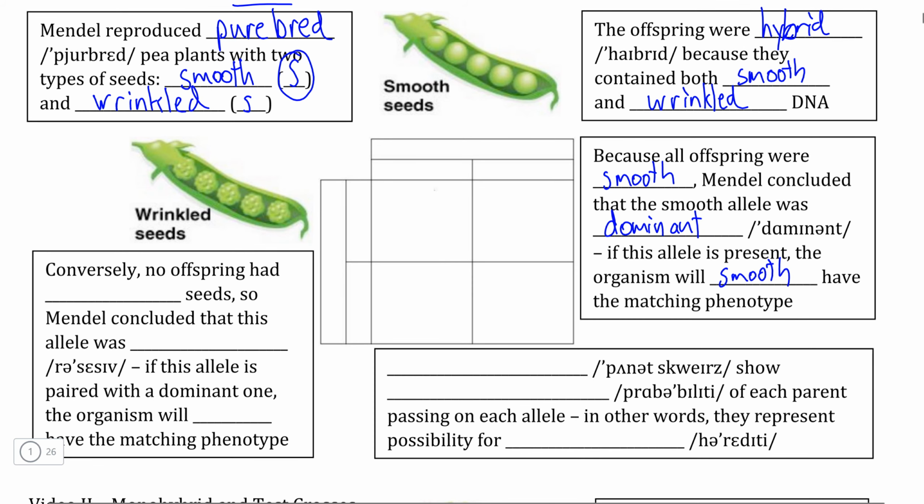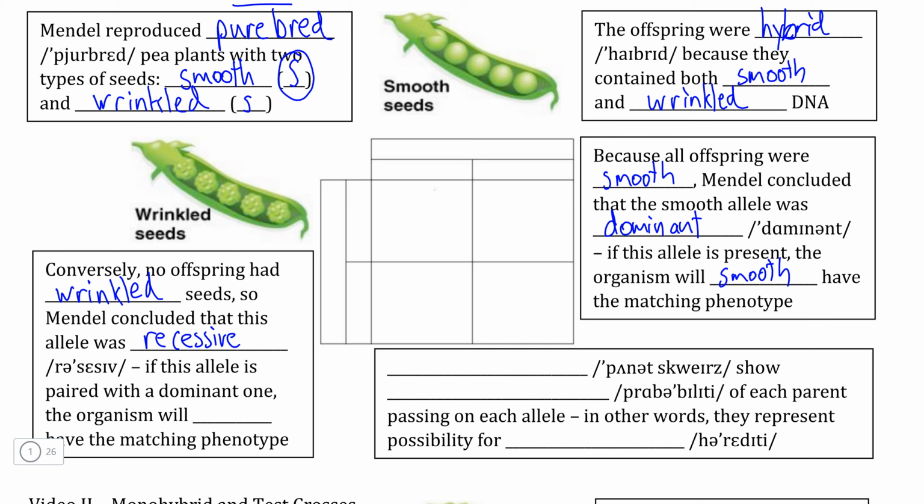Now, in this particular pairing, what Mendel observed is that not a single offspring actually inherited the wrinkled characteristic. And so instead of being classified as dominant, the wrinkled characteristic or wrinkled phenotype was labeled as a recessive phenotype, meaning that it was essentially overwritten by the dominant allele.